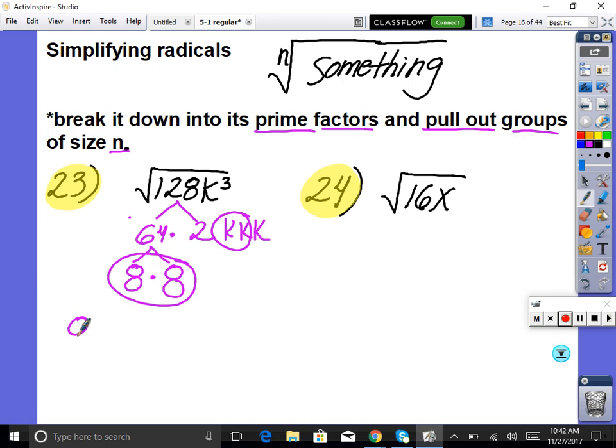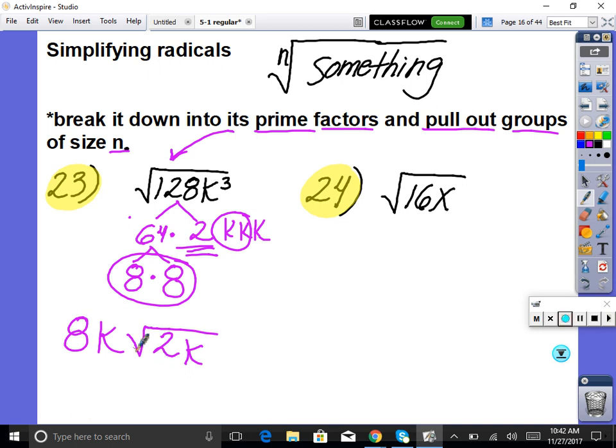So we pull out an 8. We pull out a k for those 2 k's, correct? Then left underneath the square root was a 2 and k, correct? 2k. Now, guys, there was never addition signs to begin with, so you never add anything. You pull multiple things out, you multiply them. Anything left underneath, you multiply them.